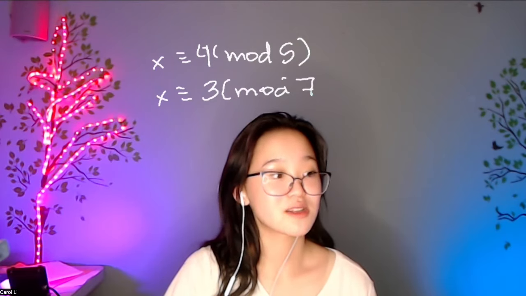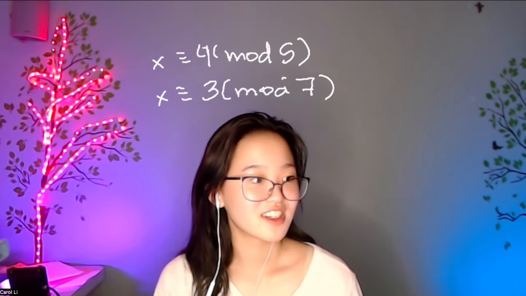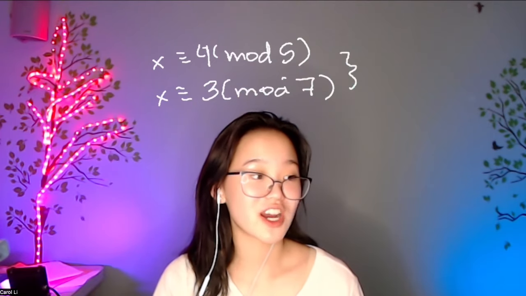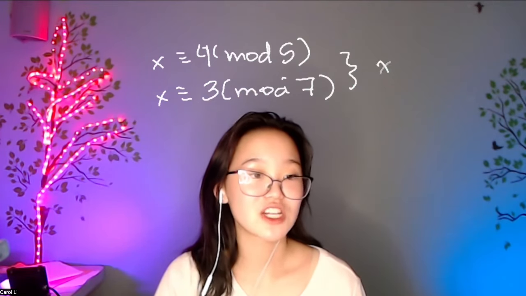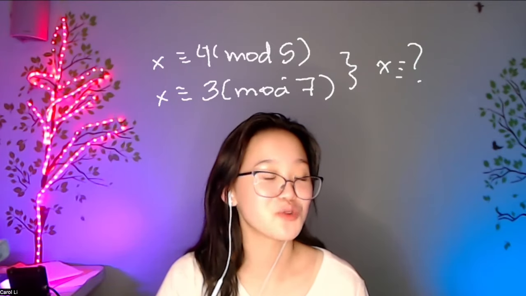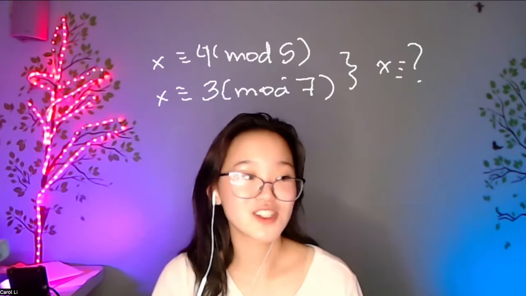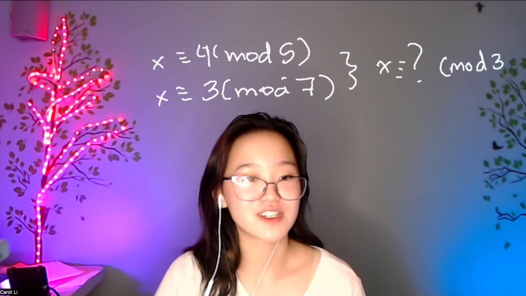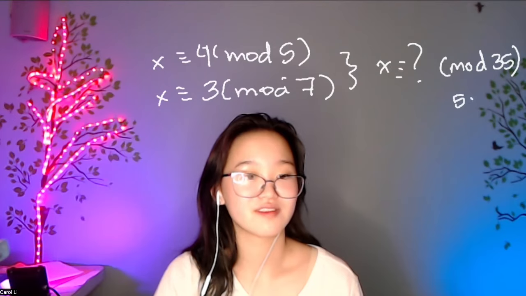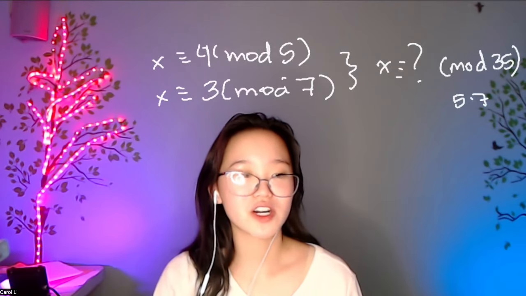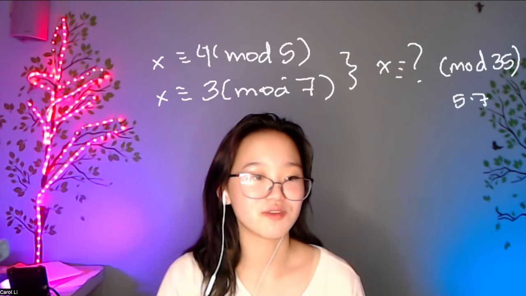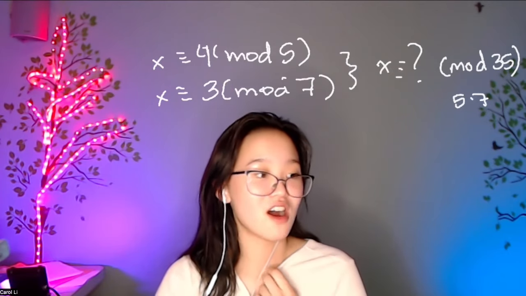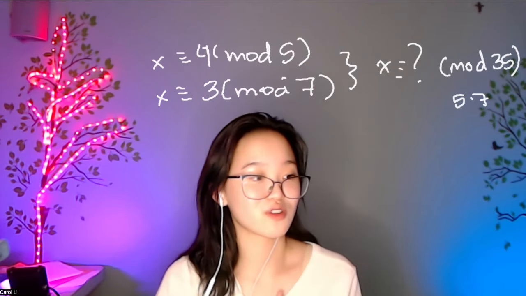It's like a system of equations question. What the Chinese remainder theorem tells you is that there's going to be one solution. It doesn't tell you what the solution is, but there's going to be one solution mod 35, which is 5 times 7. But this only works if these two are relatively prime. That basically says that 5 and 7 aren't divisible by any number greater than 1.